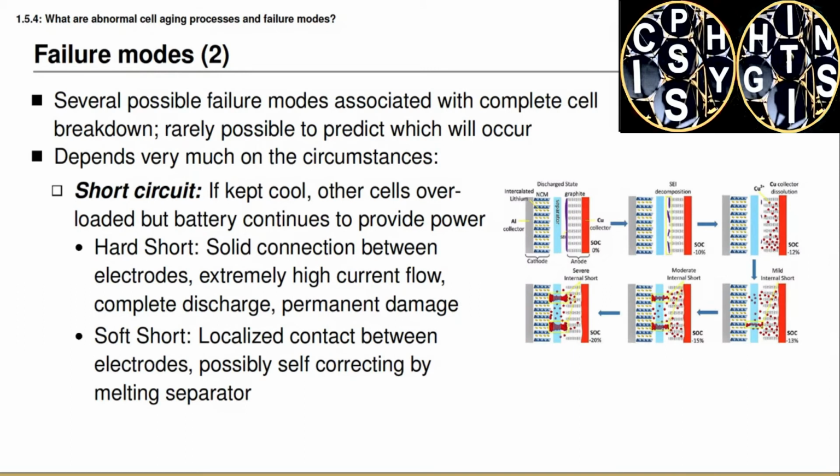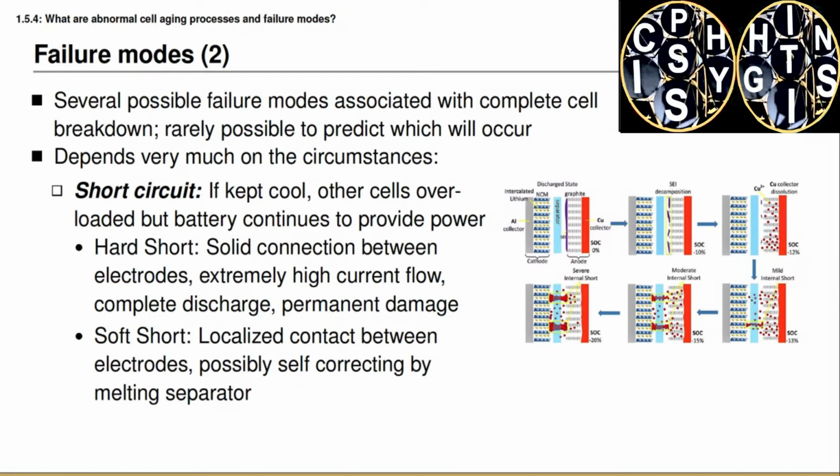The picture on this slide shows some steps in a process where we can see aging of different causes happening, that maybe there's some SEI formation after the cell is formed, and maybe this SEI decomposes and has some products in it that lead to dissolution of the copper current collector, and then we're starting to cycle copper through the battery cell in addition to trying to cycle lithium through the battery cell, and this can cause metal dendrites to form that join the electrodes together, which can lead to a mild internal short with very thin dendrites that have a very high resistance.